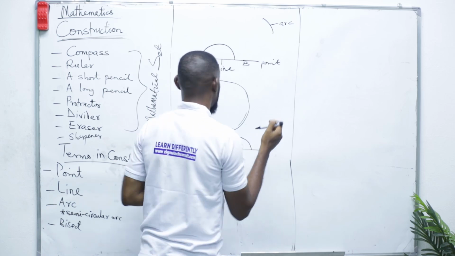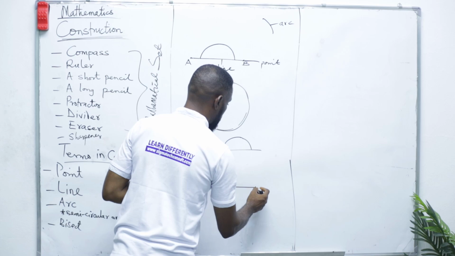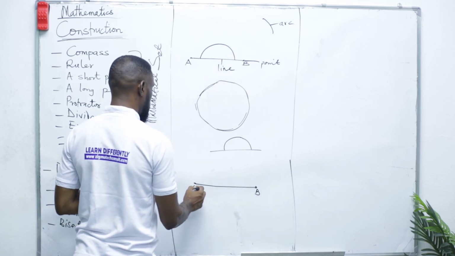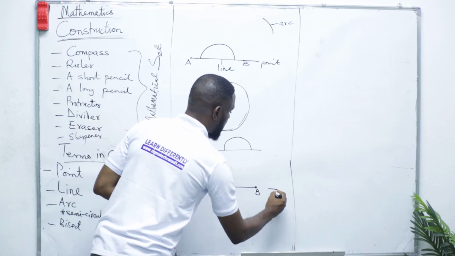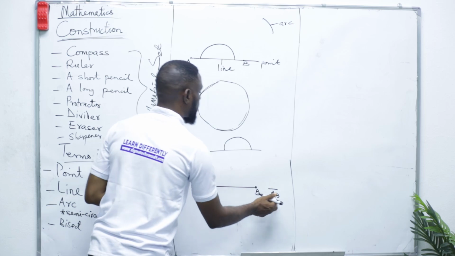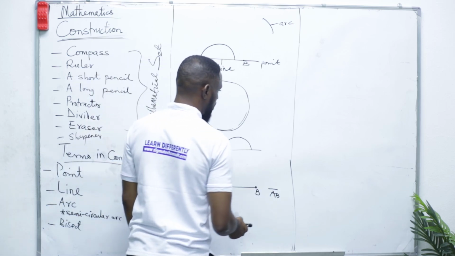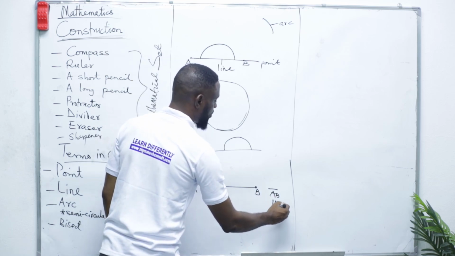For instance, if this, like we said, is our line AB, this is our point B, and this is our point A, this is line AB. This is how to write line AB. Do you understand?